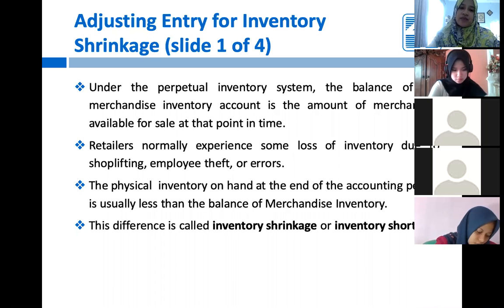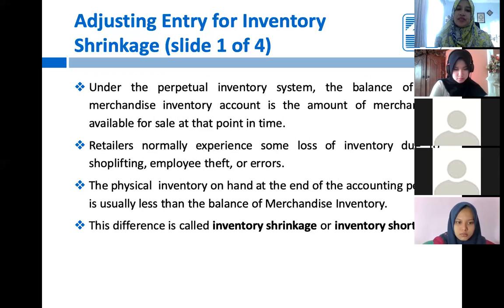Especially the merchandise. Or errors. It could be errors in recording the merchandise. So it will result in a difference between what we have in the record and what we have at the actual storage.